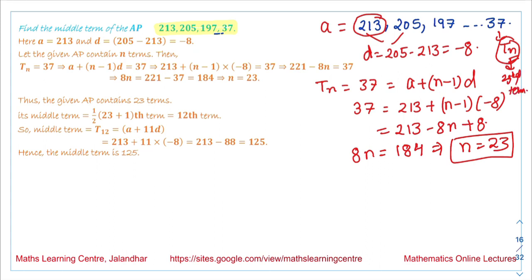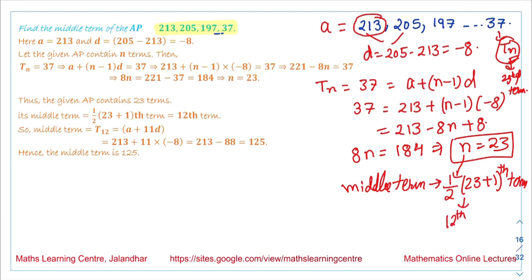Now when we are talking about the middle term, and there are a total of 23 terms, then the middle term will be 1 by 2 into 23 plus 1th term. So the answer we have is the 12th term. Now we have to calculate the 12th term.